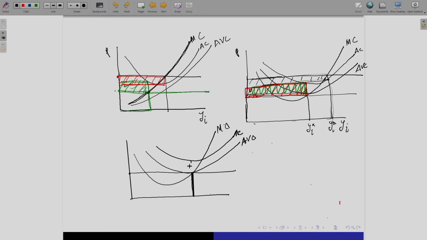If the price lies below this, then firms are not going to produce because the shutdown condition is violated.